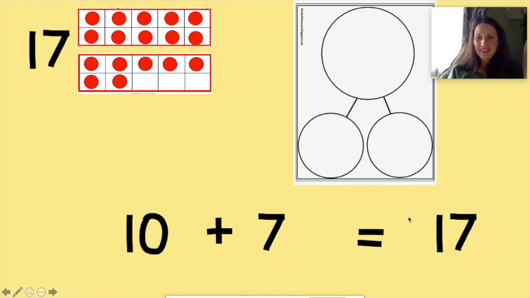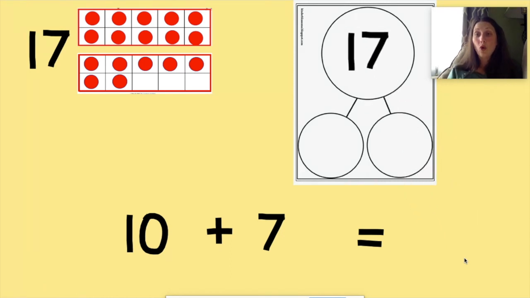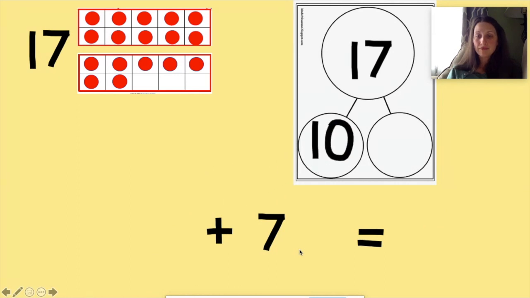Do you think it's the 10, the 7, or the 17? It's the 17. It's our big number of the day. That's our whole number. And these 2 numbers are the parts that make up 17, because 10 plus 7 is equal to 17.